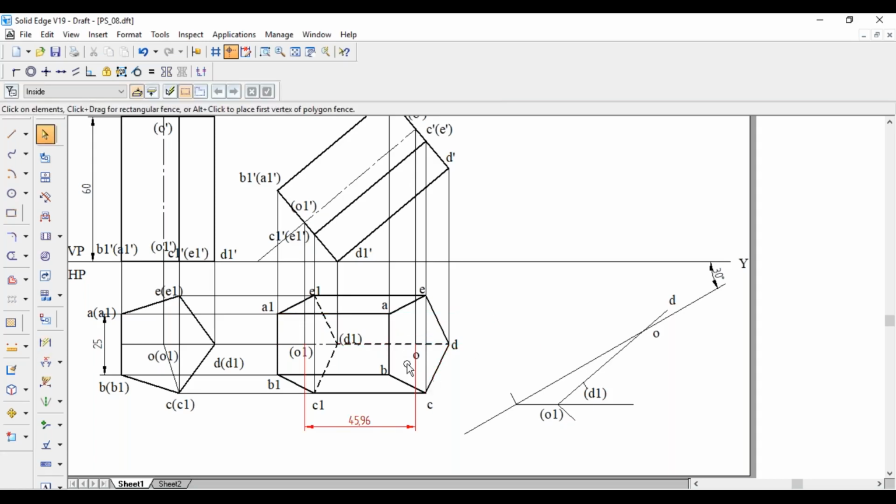Now this AB, it has to start from this point. That is, we have to measure this distance from O to this line is 11.06. So O as center, 11.06 mm as radius. Draw an arc.